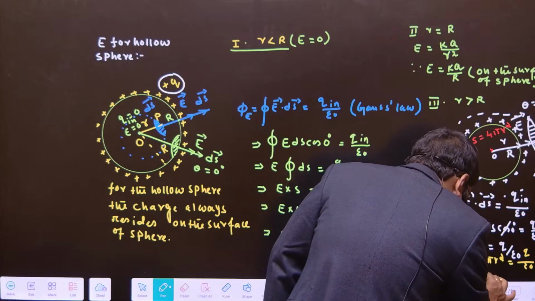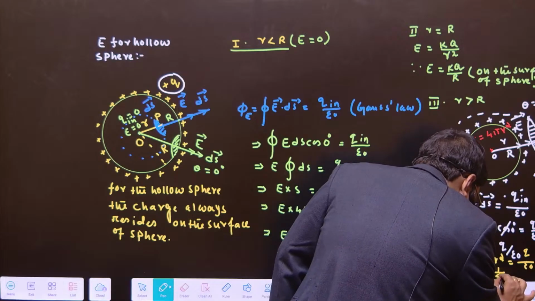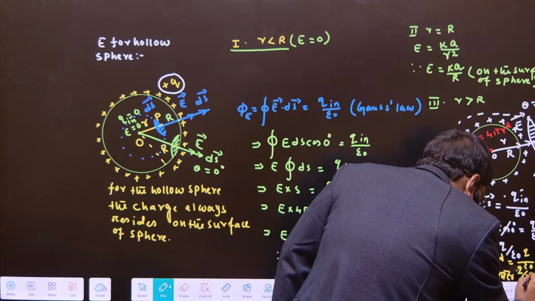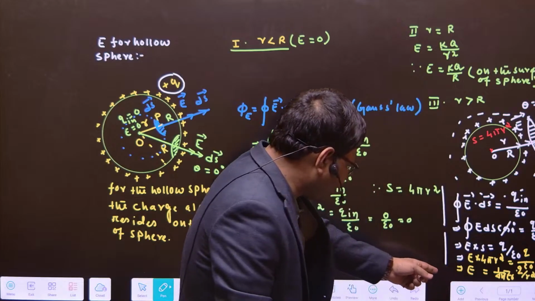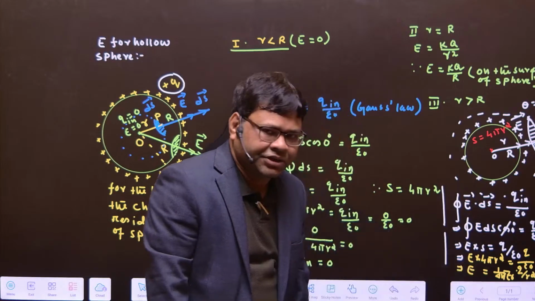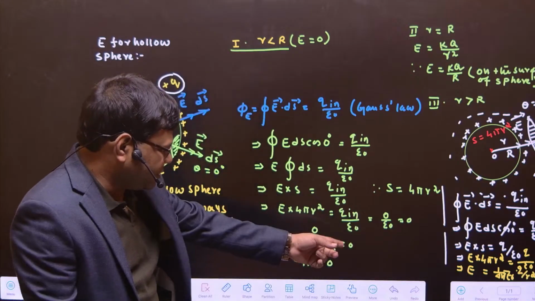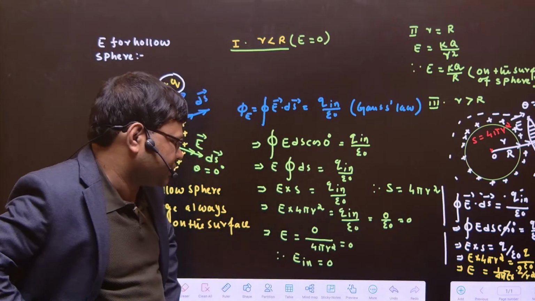Now E is equal to 1 by 4 pi epsilon naught Q divided by r square. Now see, we have got the electric field due to a point charge. This formula has come like the point charge, electric field E is equal to 1 by 4 pi epsilon naught Q by r square.